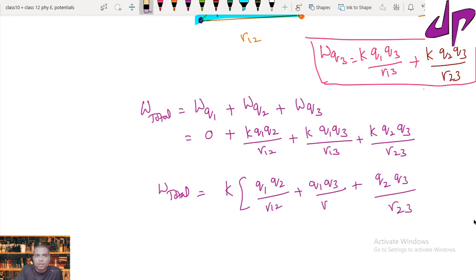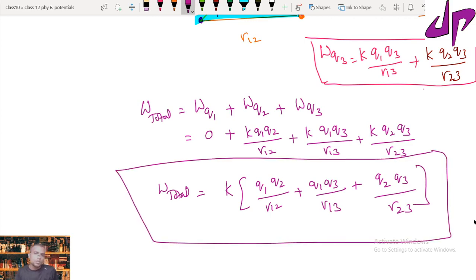So this is the total work we need to do, and that total work is stored in the form of potential energy.